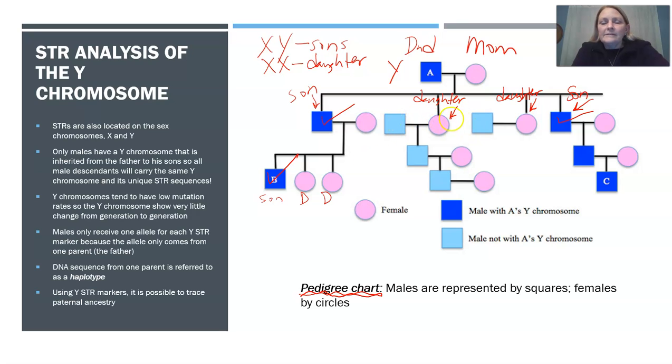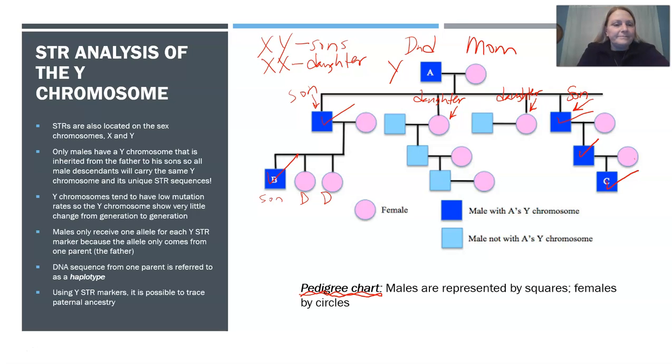All right, now this daughter didn't get it, so that line has no Y chromosome. This daughter didn't get it either, but this son got married to this lady. They had a son, so this son had it also, and he married a lady, and they had a son, and this kid also has that Y chromosome. So that's the way the male Y chromosome gets passed down to all the males in that family.